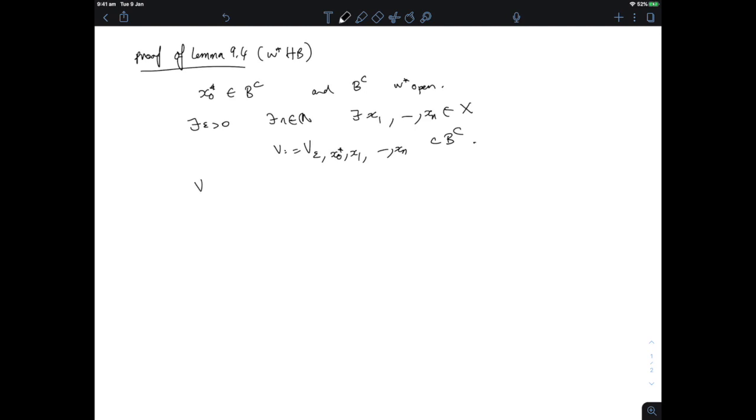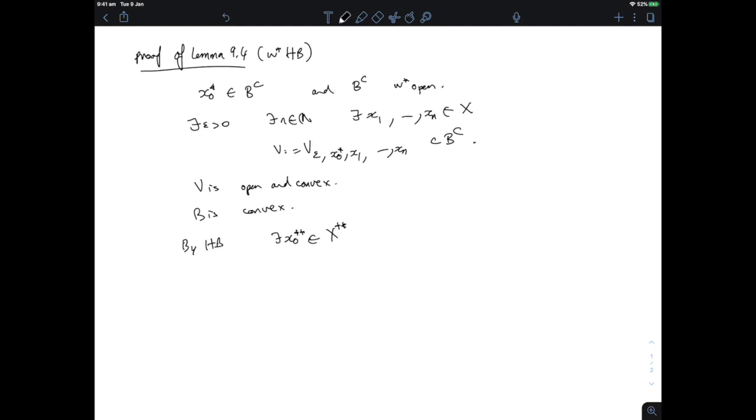So that V is open and convex, and B itself is convex. Okay, so by the standard Banach theorem, I can separate V from B using a hyperplane compared to X star, so using an element of X double star.